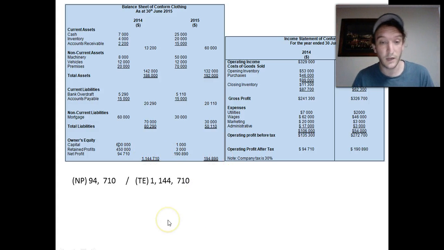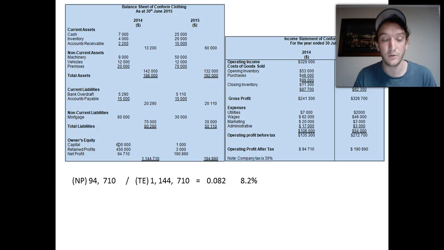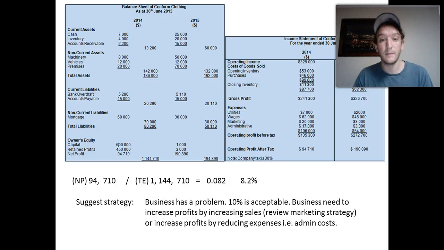So we've contributed $1,144,710, and that equals 0.082, which is 8.2%. Is this healthy or sick? It has a slight problem. 10% is acceptable. The business needs to increase profit through increasing sales or reducing expenses.